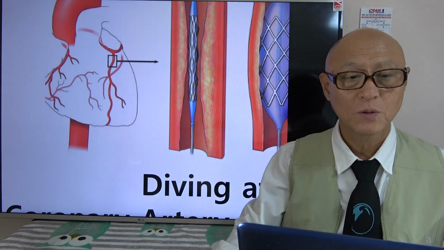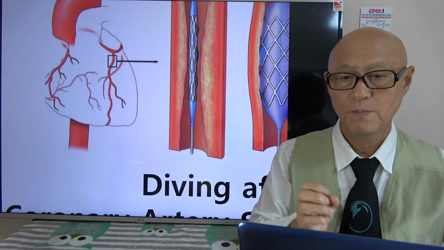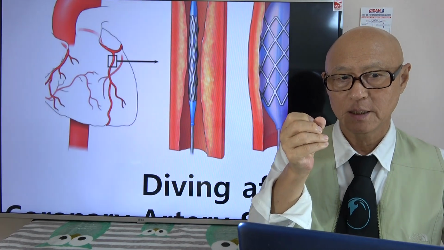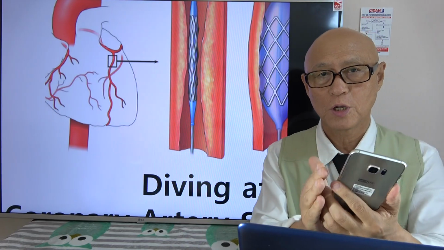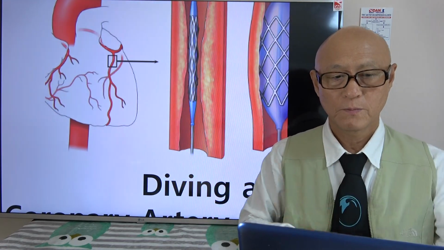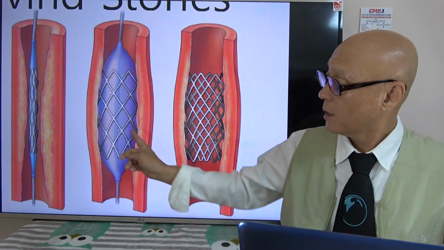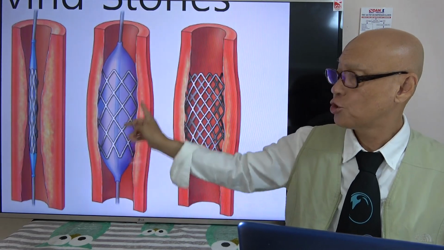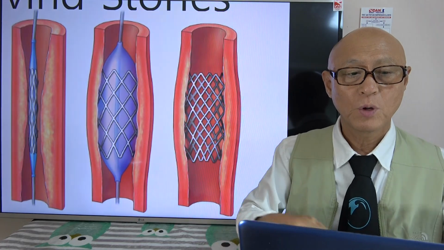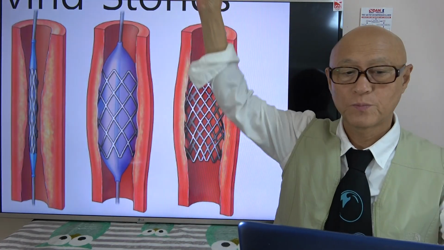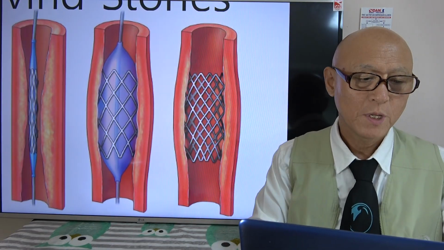It's called angioscope, and then we put something in there which pushes the internal wall of the artery, which looks like this. And here, this is the mesh that pushes the narrowed part of the artery, and then we remove the balloon out, so it remains widened this way.